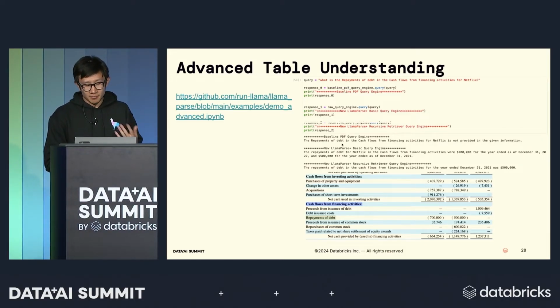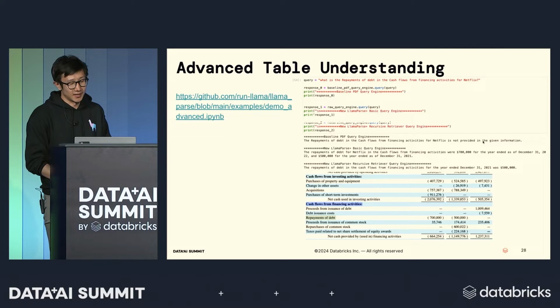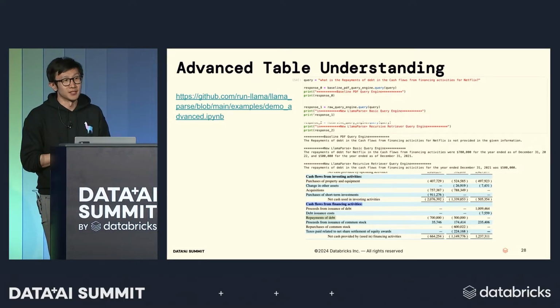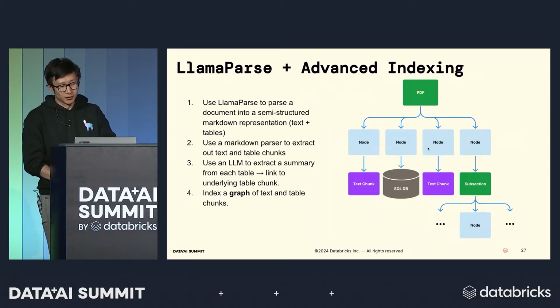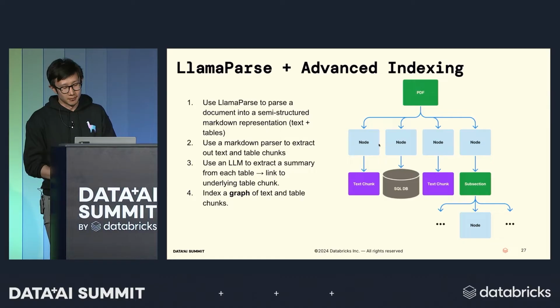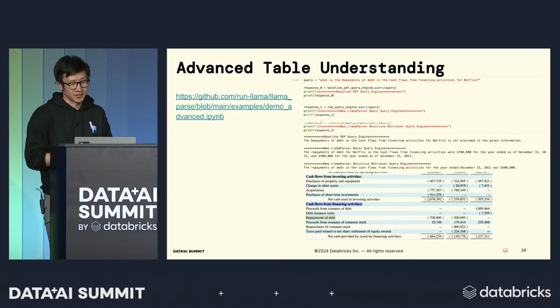The baseline or naive RAG pipeline is going to give you back the wrong answer. It's going to say the repayments of debt and cash flows is not provided in the given information. Part of that might be due to the fact that it's not actually getting retrieved because the indexing or embedding representation of that is bad, right? And so this partly relates to why I think some sort of advanced indexing scheme on top of your data makes sense. You have a lot of different references that are better representations of the underlying content than just embedding the raw text.